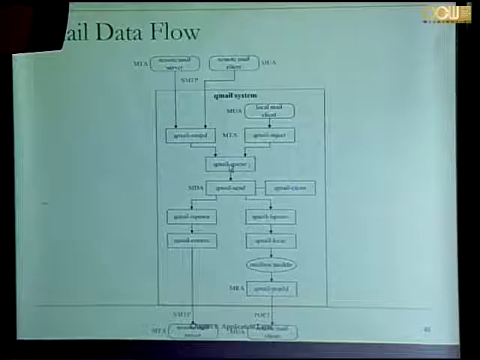There's a memory queue here, and then this program Qmail send would retrieve the mail in the queue, and then either decide to send it to another mail server or put it into the mailbox.